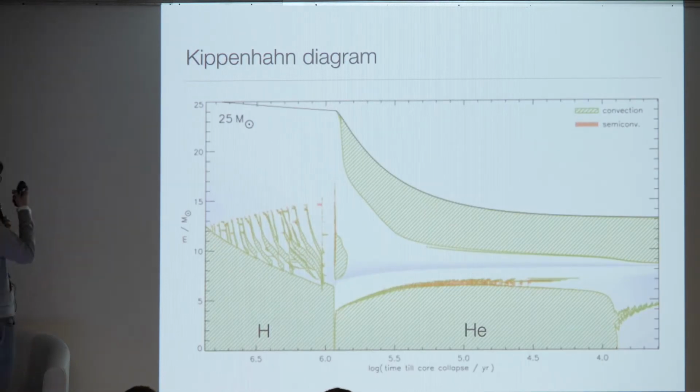And another way to see this evolution is, since there was a question about the convection, this is the age of the star, and this is the mass coordinate. So this is the center of the star, and this is the surface of the star. This is an example of 25 solar masses, and in this model we are including mass loss, so the mass is going to change.